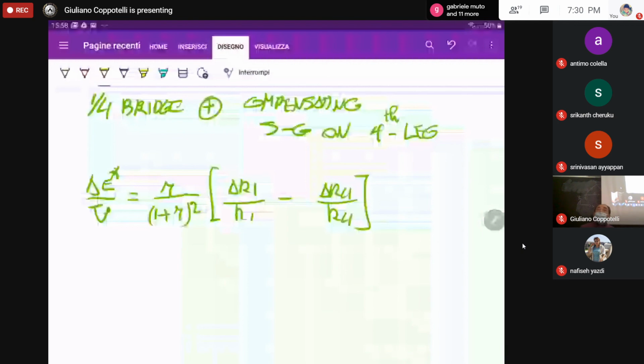That is, we are having an output tension not just because of the strain gauge, but because of everything. So we can't have any temperature compensation at all when referring to this configuration, with the resistance of the connecting cable that is important.